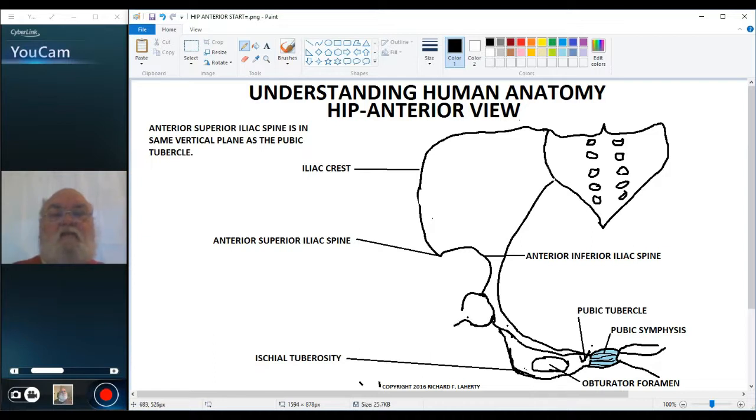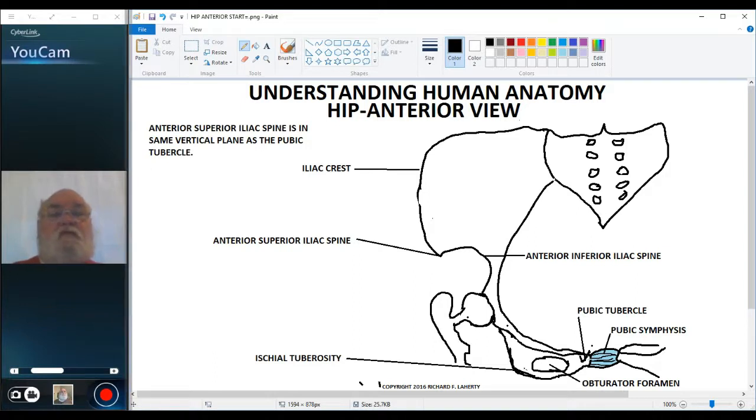So we have the head of the femur, the neck coming down here, and then we have the greater trochanter coming down like so, and the lesser trochanter coming back up and joining the neck.